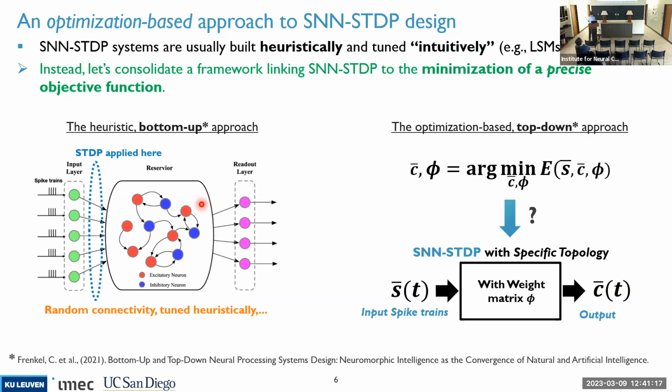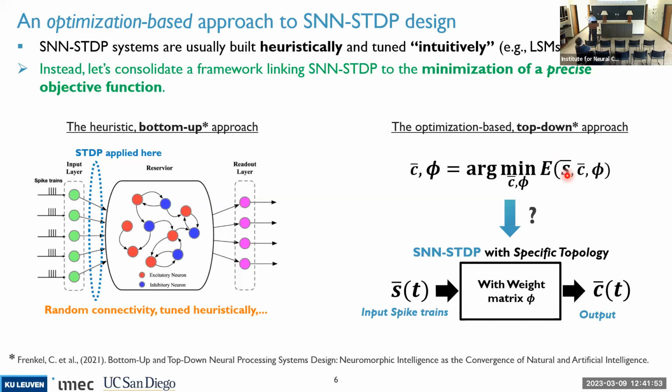The approach that we wanted to adopt is really the inverse. We want to build a certain SNN system, but instead of starting from the bottom-up approach, let's start by saying the following. We want our system to infer a certain output C, the vector of output spikes, and to learn a certain set of weights phi, such that it minimizes a certain energy function, while it receives the input spike trains S as the vector of input spikes.